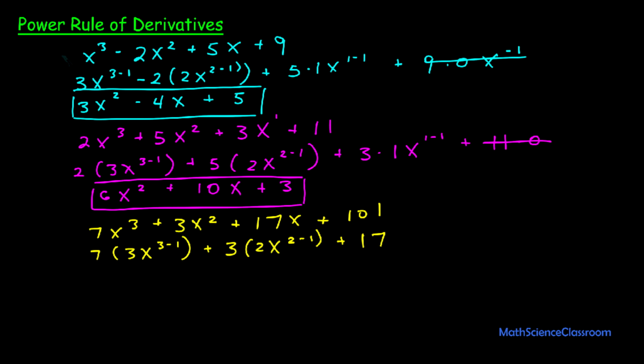This is to the first power, so it would be 17 to the 0 power, which is 1, so it's simply 17, and then the 101 crosses out. So we end up with 21x squared plus 6x, simply 6x plus 17. And that is the final answer.